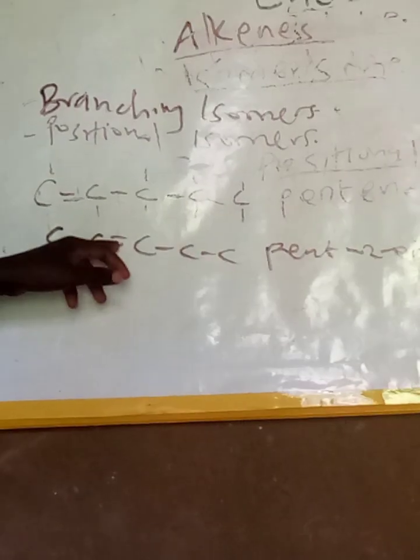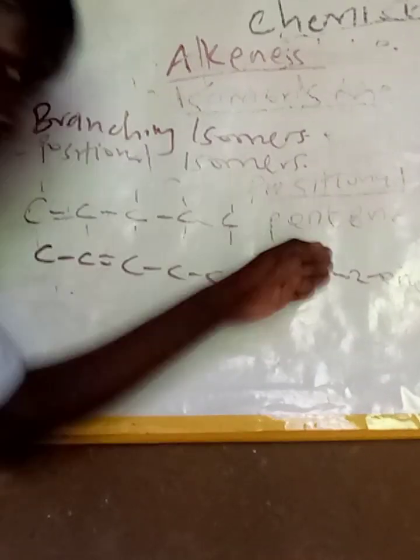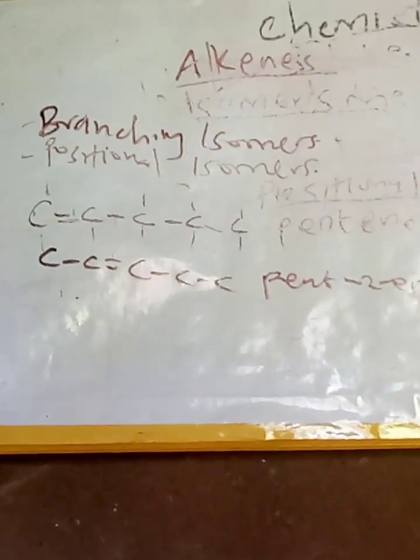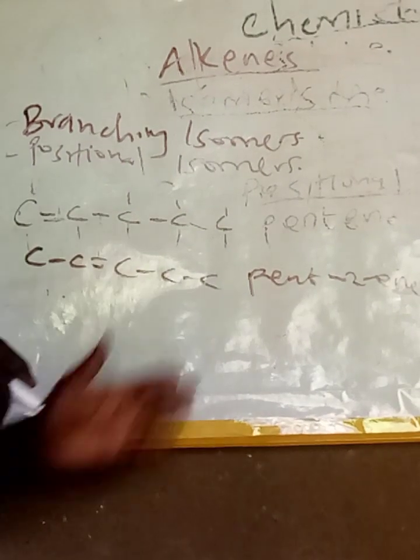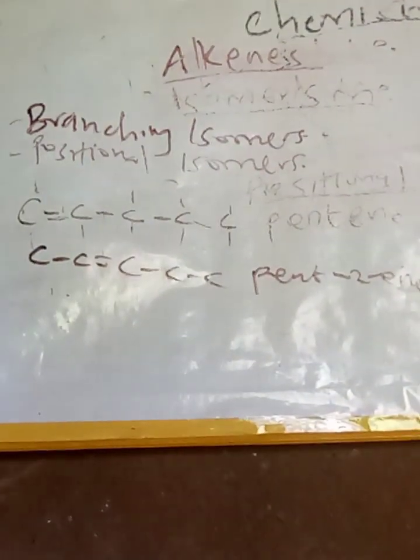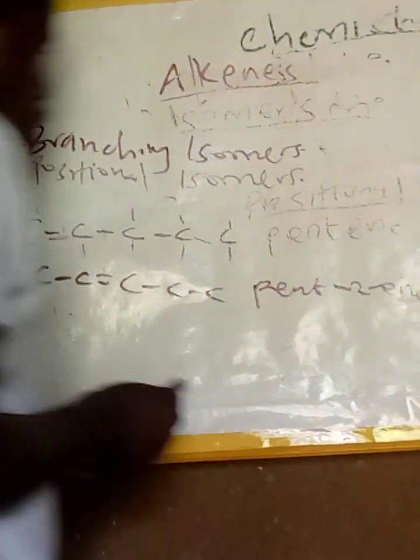So when you take this double bond and place it here, this one will be the same as this one, because we'll start counting from this one. We said that when you're naming a compound, the double bond should have the lowest number possible.